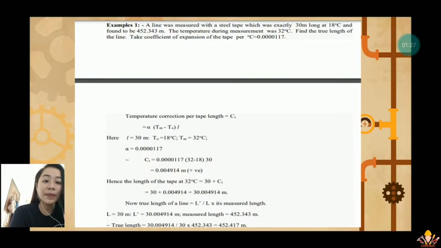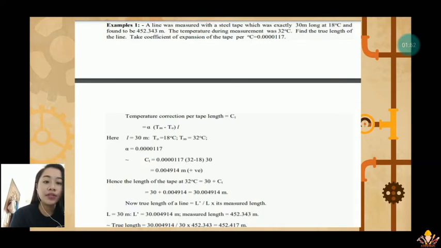So the length of the tape at 32 degrees Celsius is equal to 30 plus C sub T, where C sub T is 0.004914 meters.